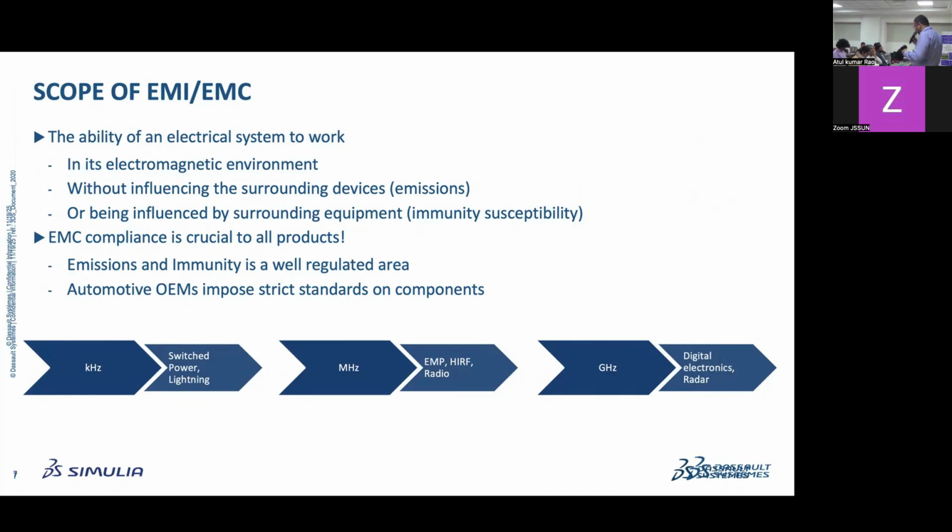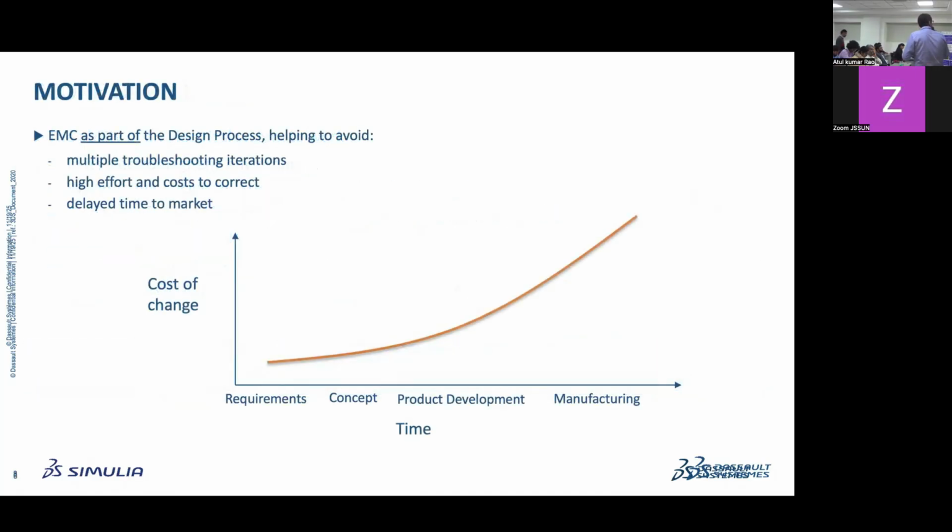The system you have designed should not have any untoward influence on the other systems around it, nor should it be influenced by them. That's what you call emissions and susceptibility. EMI/EMC is very crucial to all kinds of products because they go all the way from the kilohertz to the gigahertz region. In this example, this is just a typical chart that I have shown. We are considering the deployment of EMI/EMC simulations in the domain of transport and mobility.